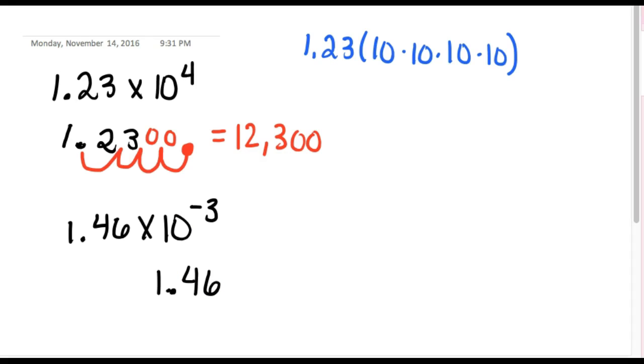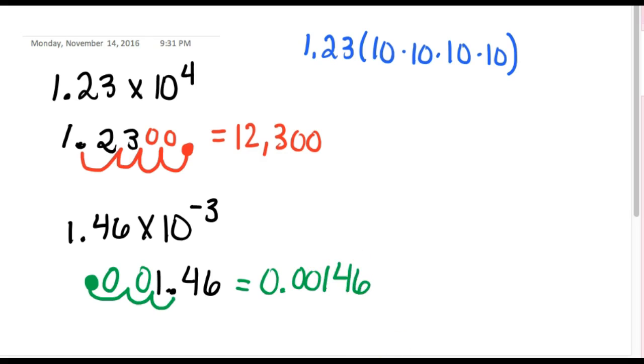Am I going to move it so I'm going to have zeros after it, or do I want zeros before it? Good, we want zeros before it, so I'm going to go one place, two places, three places. Here are my zeros. So it's going to be 0.00146, and that's my answer.